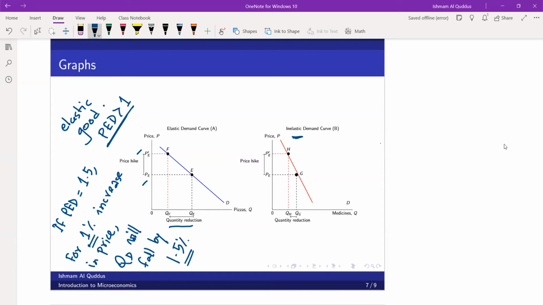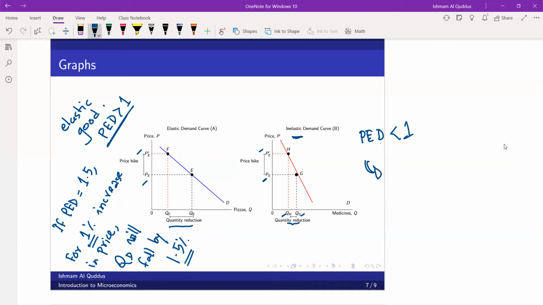The change is not as large as what we saw when we were dealing with elastic good. So you see the price changes from P E to P prime E, and this induces a quantity reduction from QG to QH. So this is a very minimal quantity reduction. For the case of inelastic goods, PED is actually less than 1.